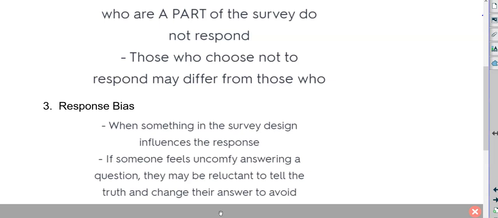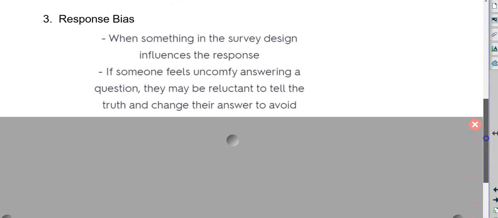Let's say you had done some marijuana and I asked you that question, you might feel like, wow, I don't really want to tell my teacher about the fact that I smoked a little weed this week. And so you may be reluctant to tell me. And so sometimes just the interviewer, because of the nature of it, you don't want to tell them the truth about what really happened there. Even though they're asking a question, you don't answer honestly sometimes because you're uncomfortable and you are afraid of maybe ramifications or anything from your answer.